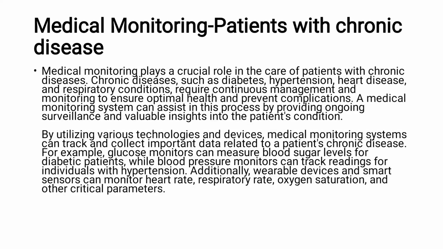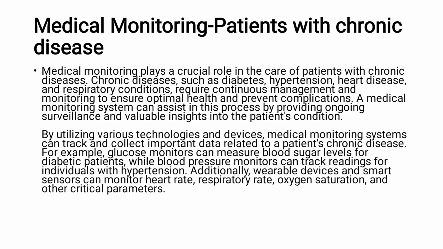Medical monitoring for patients with chronic disease. Chronic diseases mainly include diabetes, hypertension, heart disease, and respiratory conditions. The medical monitoring system assists by providing ongoing surveillance and valuable insights into the patient's condition.